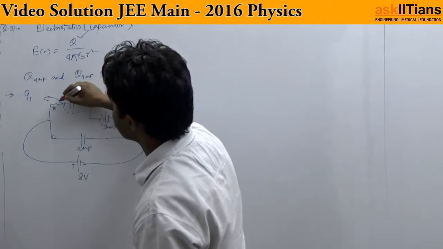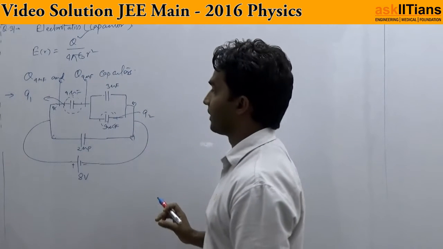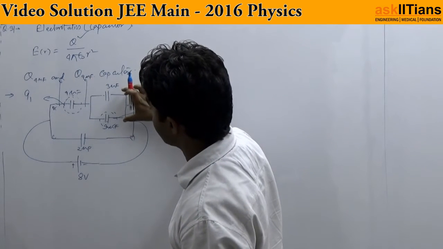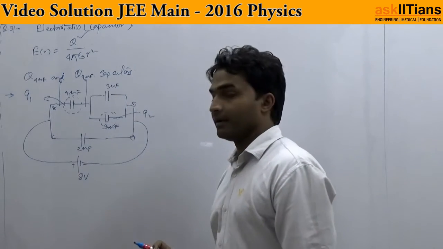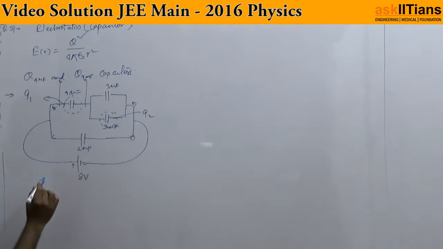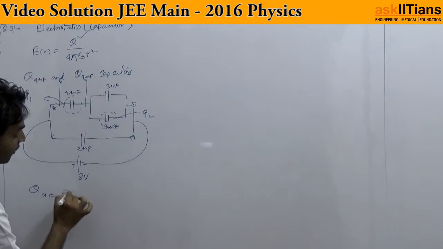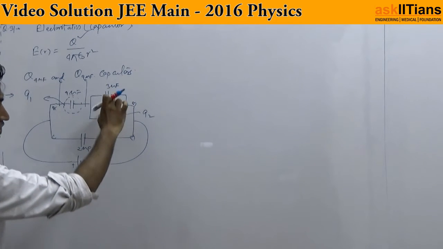Now the potential drop across the 4 microfarad capacitor will be equal to the potential drop across the combination of 3 microfarad and 9 microfarad. So we know that the charge in series is the same, so the charge on the 4 microfarad will be equal to the charge across the combination of 3 plus 9, because that is in parallel.